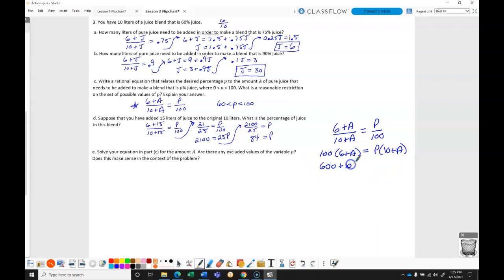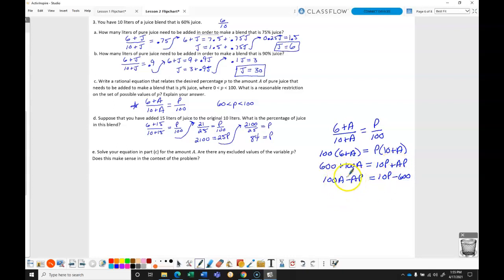600 plus 100A, and I'll distribute the P. So 10P plus AP. Now what I want to do is get all of my A's to one side and everything else to the other. So I'm going to bring this AP over here, and I'm going to take the 600 over to the other side. So that means I've got 100A minus AP equals 10P stays where it is, but I bring the 600 over there, so it's minus 600.